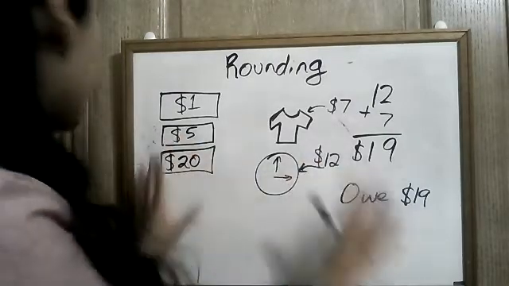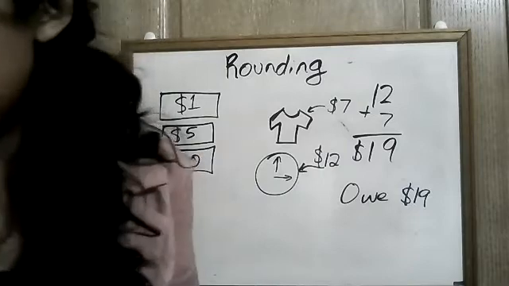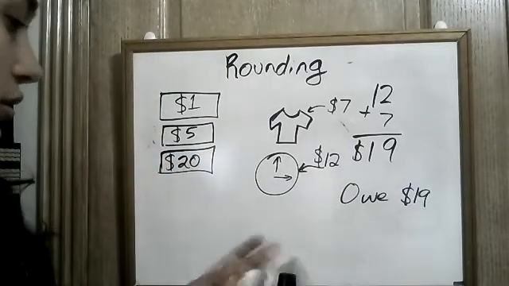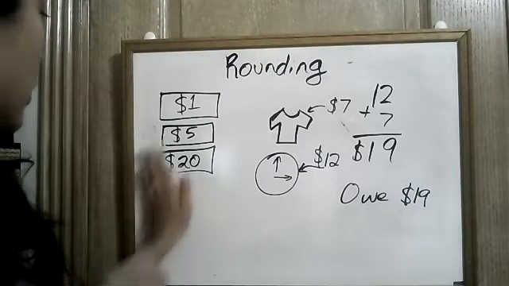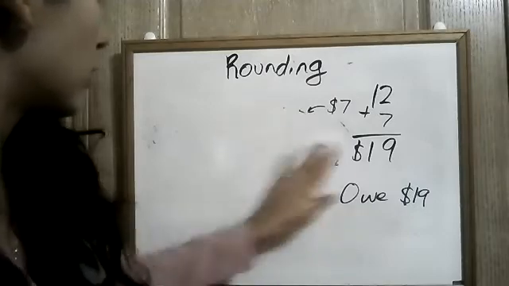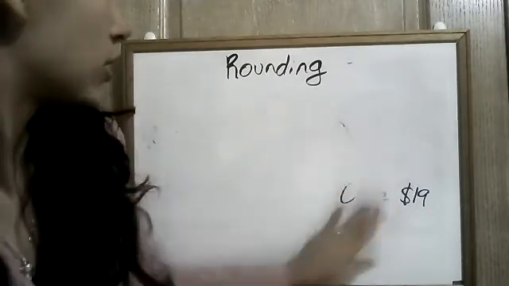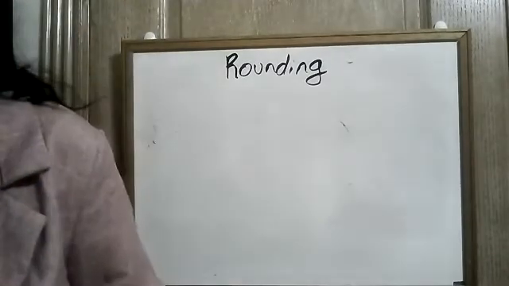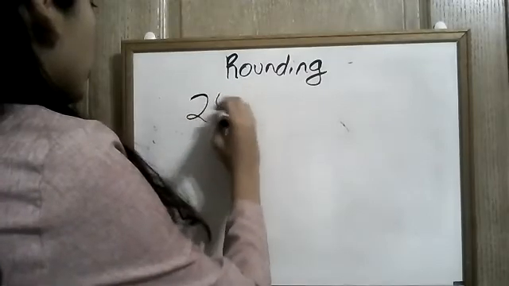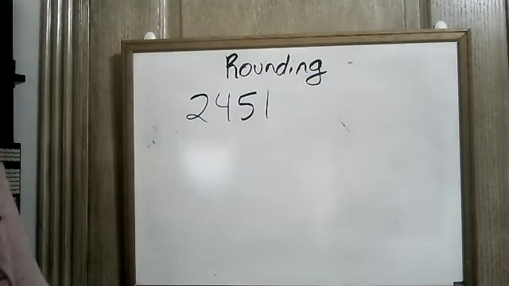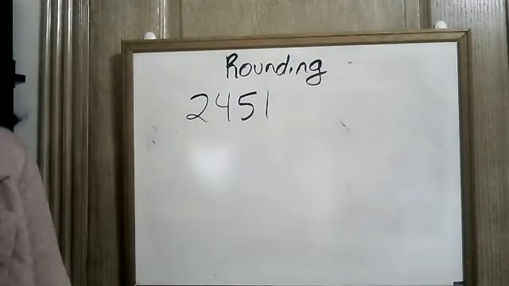So let's go deeper into the theory of it. Let me go ahead and erase. So let's say we have this number, 2451, and we want to round to the nearest 100.